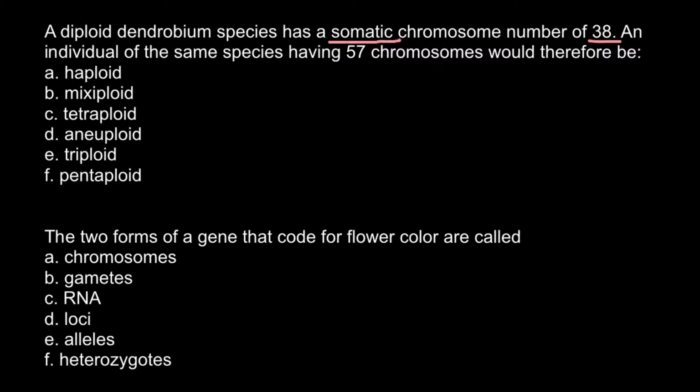So if we are told that the number of chromosomes is 38, that gives us an idea of the haploid number, which would be half of this number.